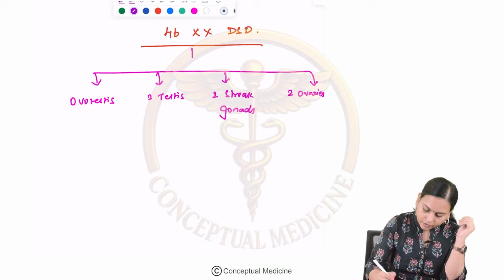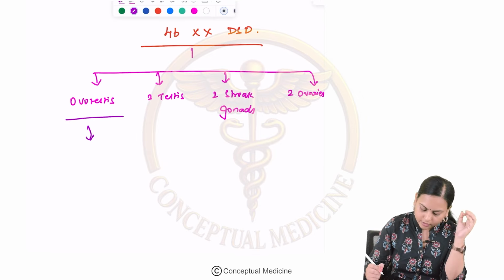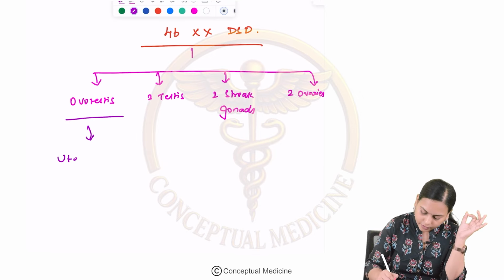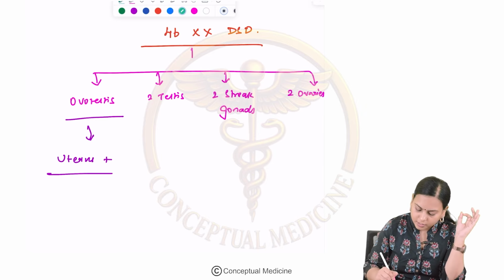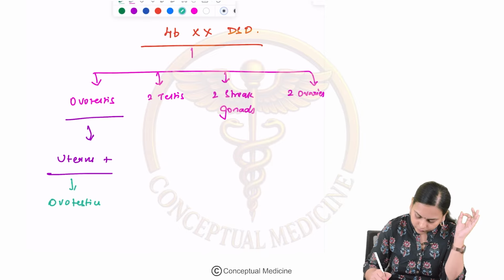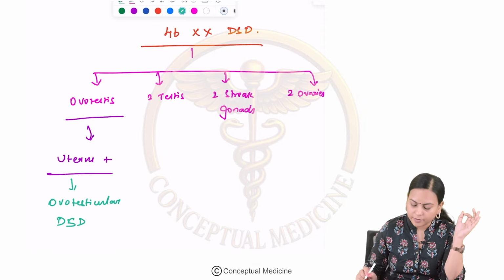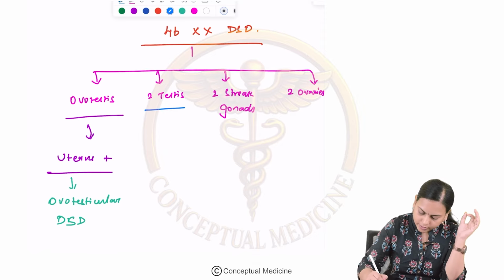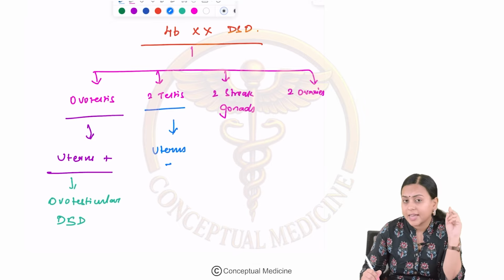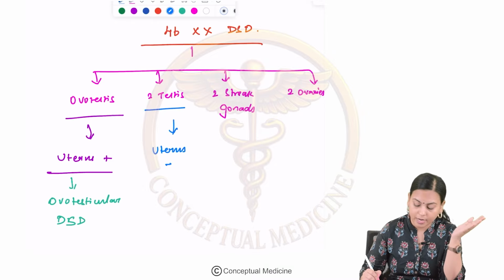Clear? When they have ovotestis, you have to check whether the uterus is present or not. Uterus is present means it is going to be ovotesticular disorder of sexual development, and if they have two testes, then the uterus is present or absent. You have to see, mostly when they have testes, yes, uterus is going to be absent.